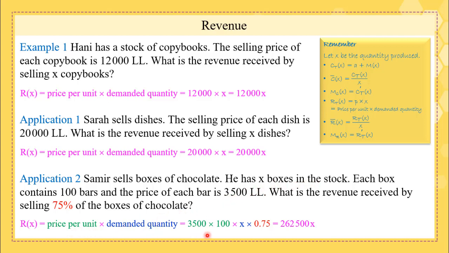And the demanded quantity is the variable X. But in the question, we need to find the revenue received by selling 75% of the boxes of chocolate. So, we finally multiply by the percent of selling, which is 75 over 100 or 0.75. Therefore, R of X equals 3,500 times 100 times demanded quantity X times the percent of selling 0.75. So we get 262,500 X.